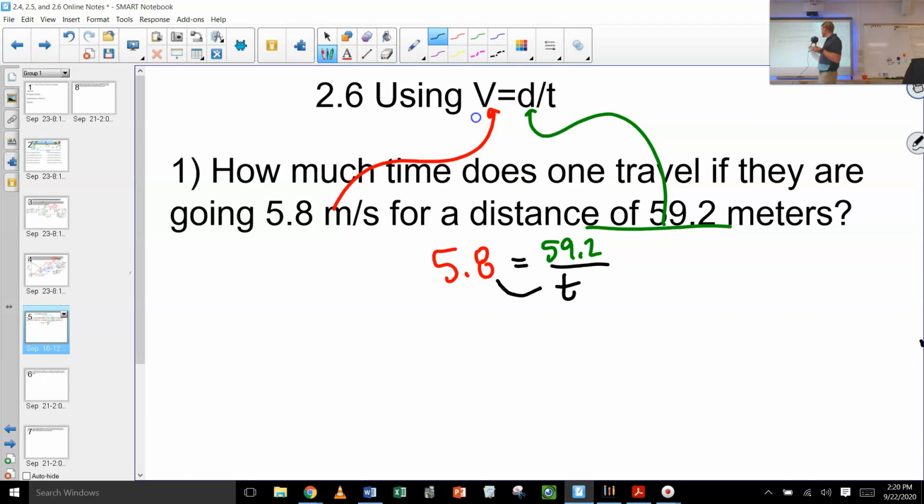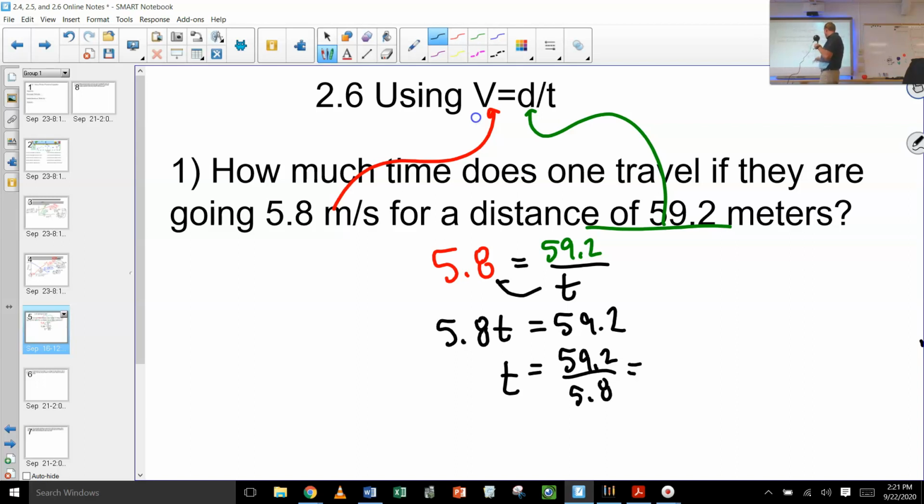You got to bring the t over, so you get 5.8 t equals 59.2, and then t equals 59.2 divided by 5.8. And then when you divide those things, you're going to get 10.2. But you're going to have to use significant figures.